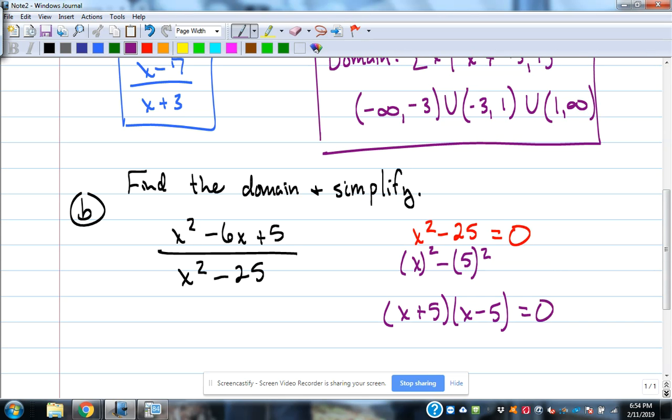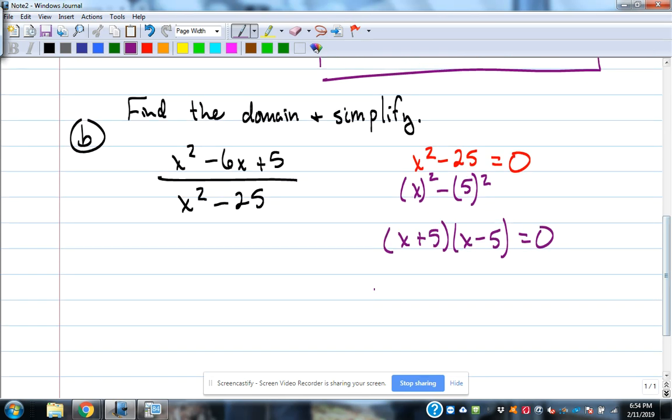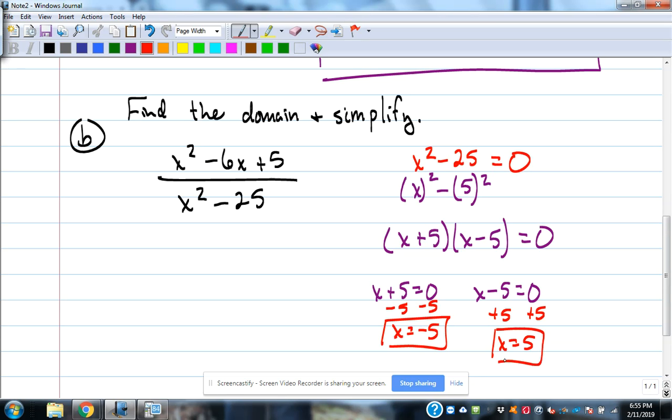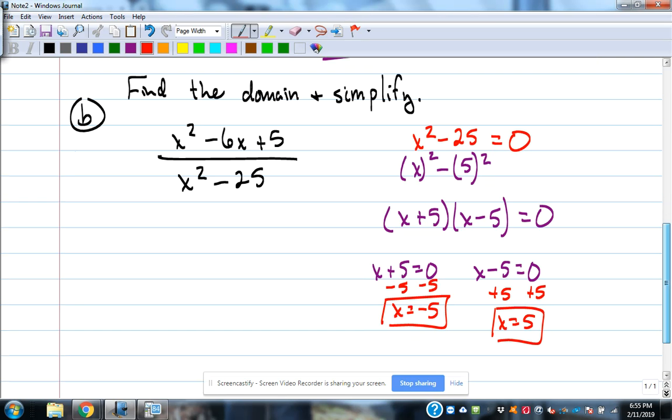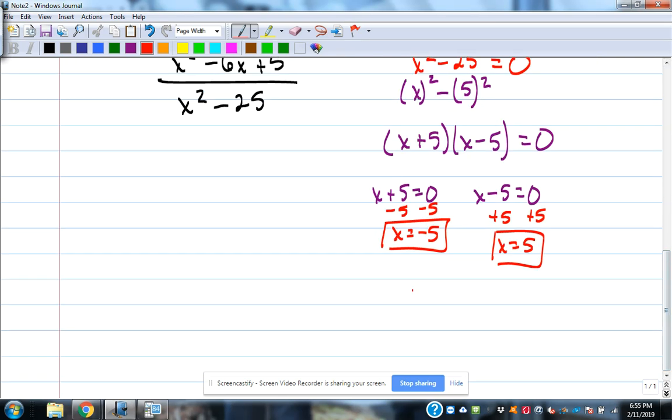That allows me then to set each of those factors equal to 0. Subtract 5. Add 5. But two things that x can't be. x can't be positive 5 or negative 5.